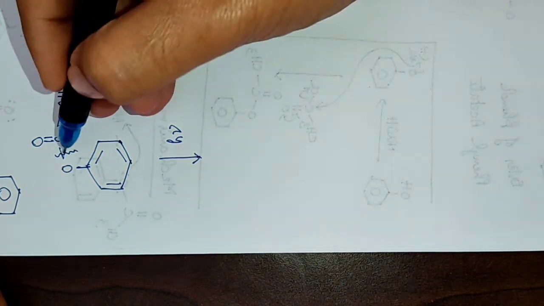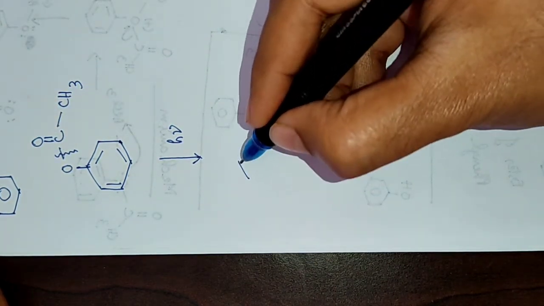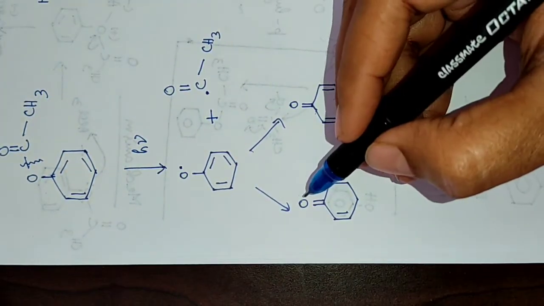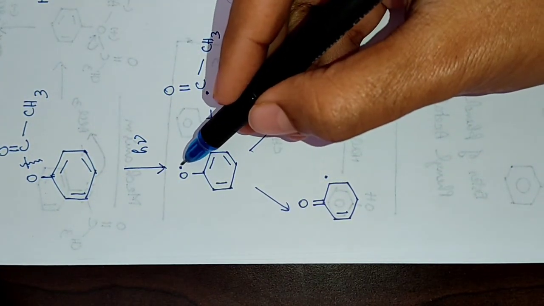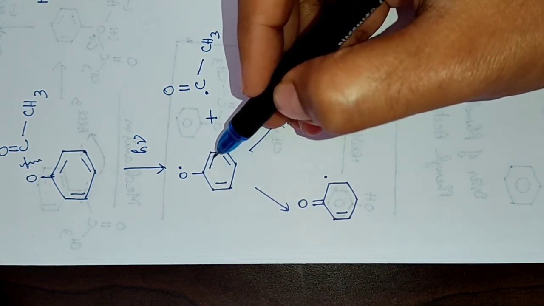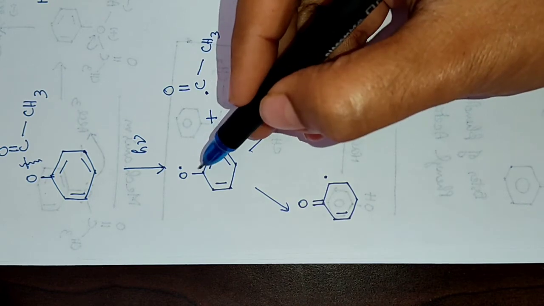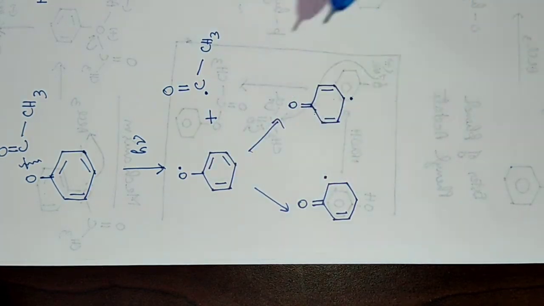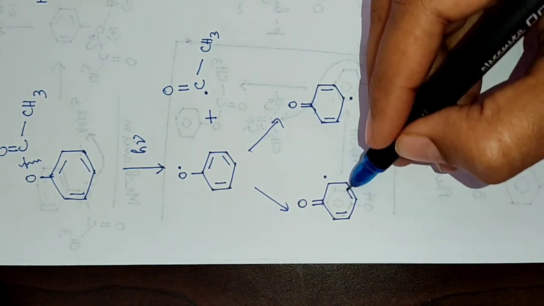Homolytic fission occurs at this position. So we have this dot placed here, and this pi bond undergoes homolytic fission. So we have a dot here, and these two unpaired electrons will engage in a pi bond. So we have a radical here.